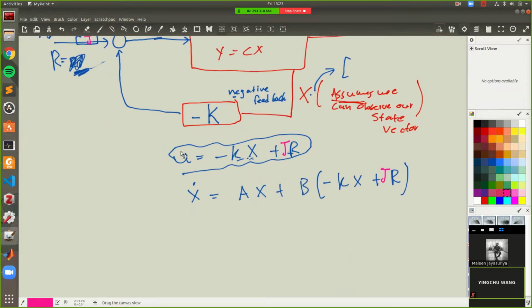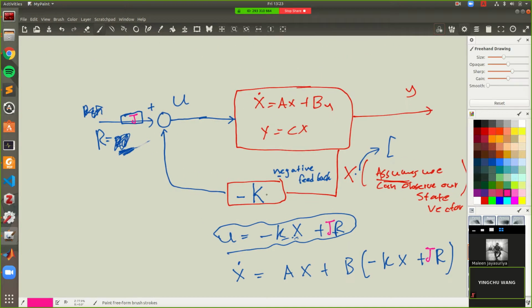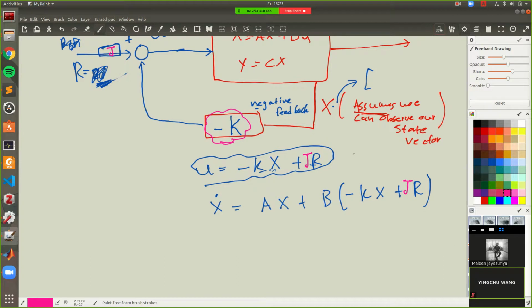So the important part in pole placement is this K. What you've done is you've changed the input to be equal to minus kx plus jr. And then what happens is, you can see here that this becomes minus bkx plus bjr.